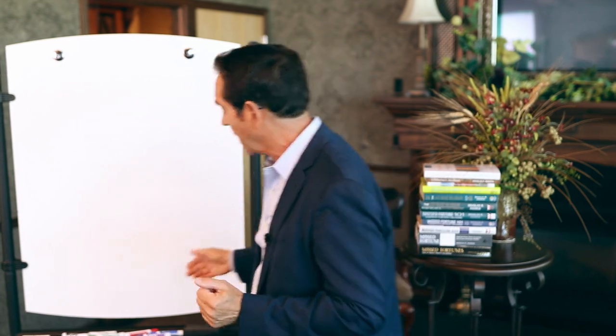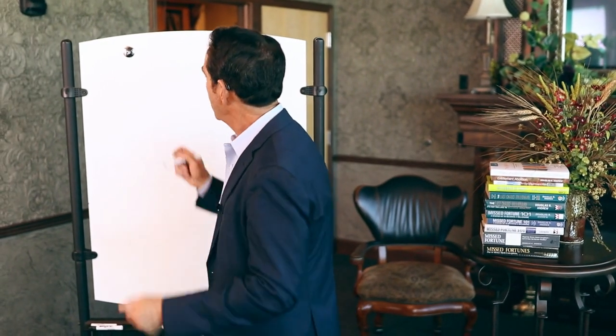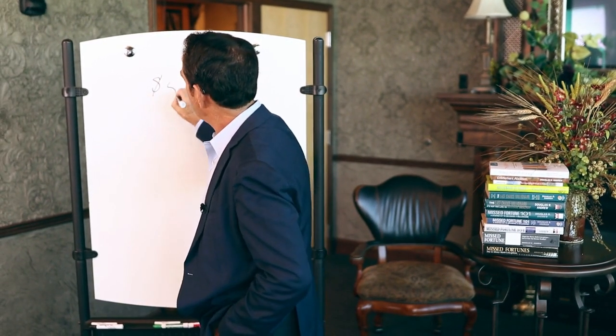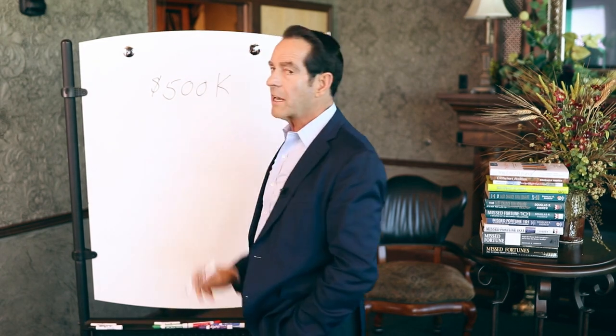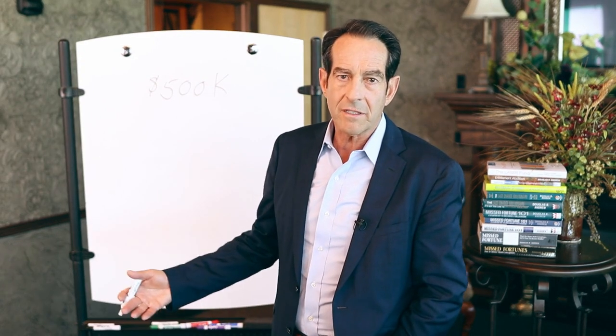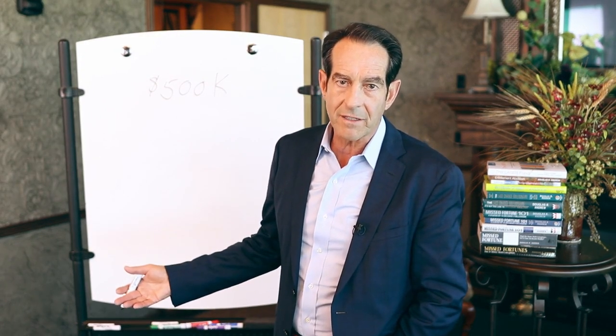So let's go through and talk about how we do this. Back in 1980, I had clients that would throw in, let's say, $500,000. So if they put in $500,000 and the amount of insurance was $510,000, then the only amount really at risk is $10,000 because $500,000 of it is your own money.